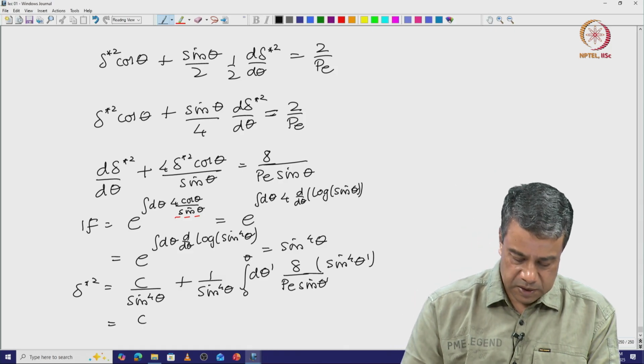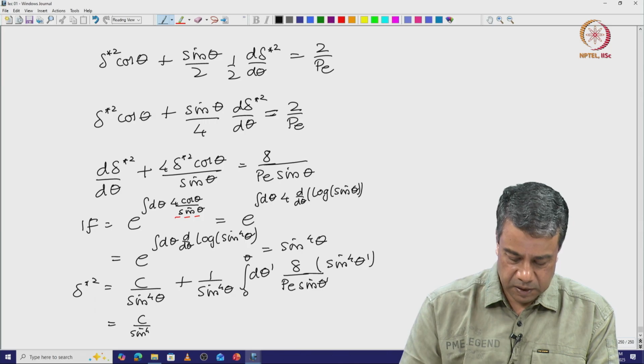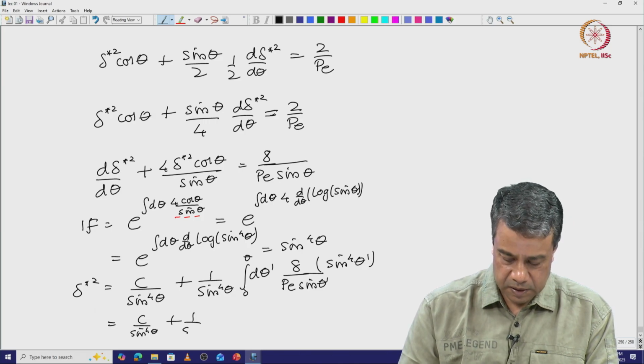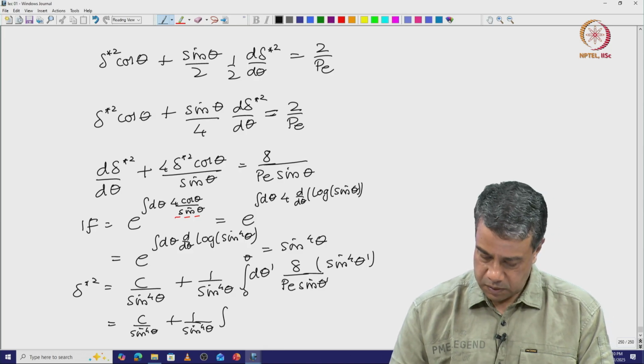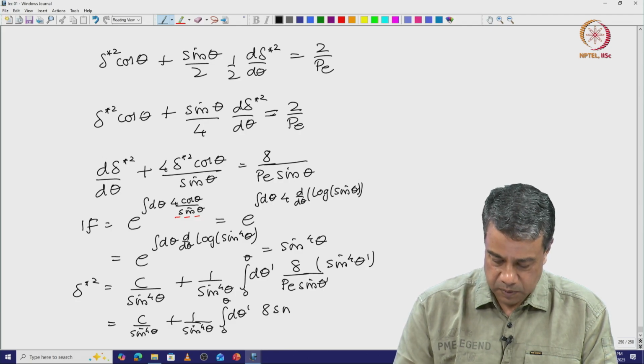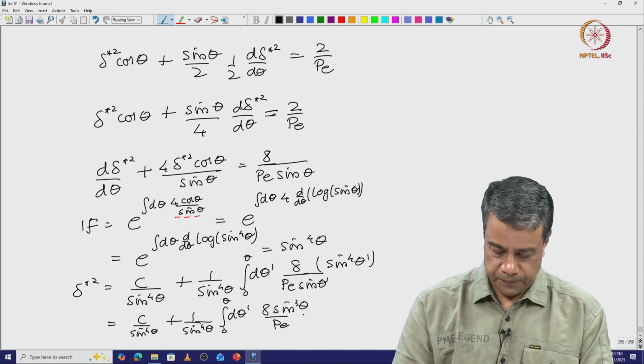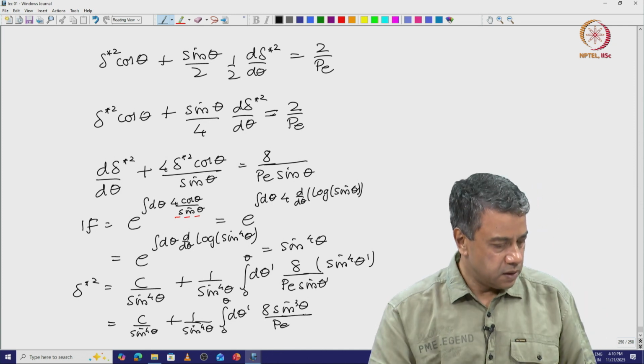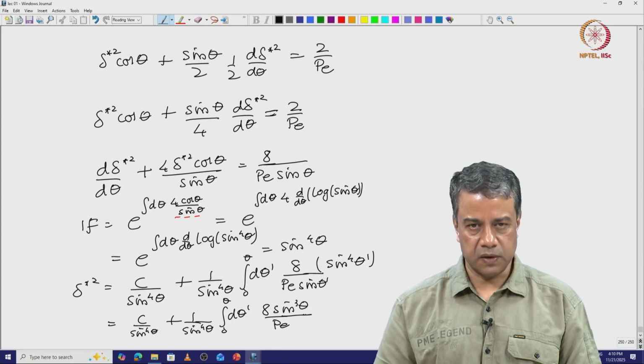And this is equal to c by sin power 4 theta plus 1 by sin power 4 theta into integral 0 to theta d theta prime 8 sine cube theta by Pe. So, this is the equation for the boundary layer thickness.